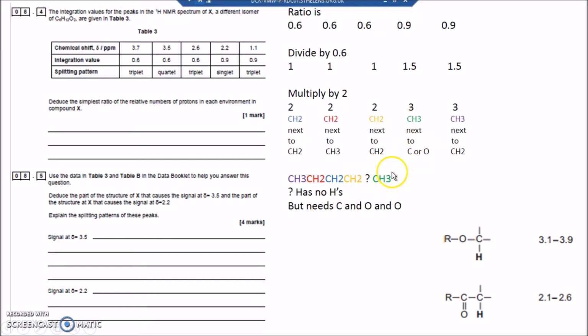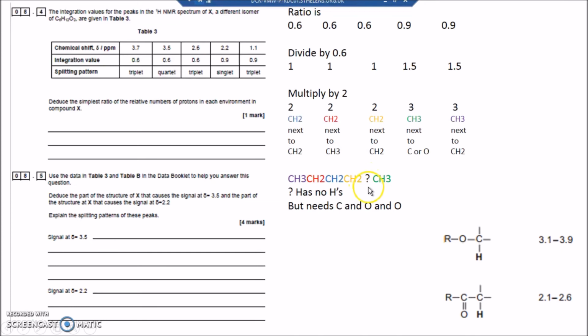So my CH3 then at the end, there's something in the middle here, which is either a C or an O. And just by a process of subtraction, there are 6 C's in this, and I've got 1, 2, 3, 4, 5. I'm missing a C, and I'm missing 2 O's. So somewhere I've got to fit in a C and 2 O's.